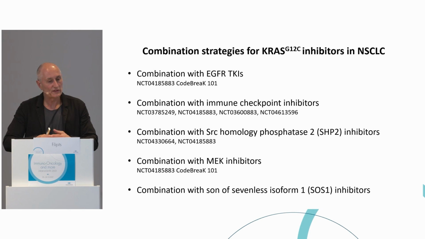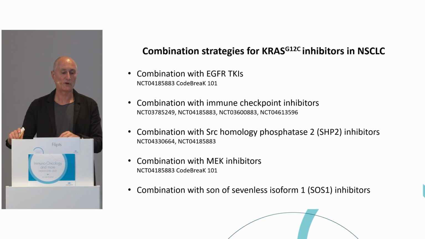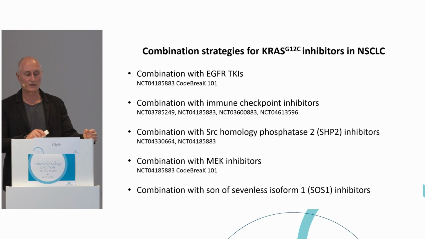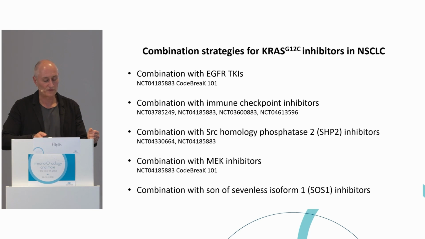So combination strategies for these inhibitors could be, for example, a combination with EGFR TKIs, which will be studied in the CodeBreak 101 trial. Combination with immune checkpoint inhibitors is also studied in several trials. Combination with SHP2 and SOS1 inhibitors, or a combination with MEK inhibitors might also be interesting and will also be studied in the CodeBreak 101 trial.